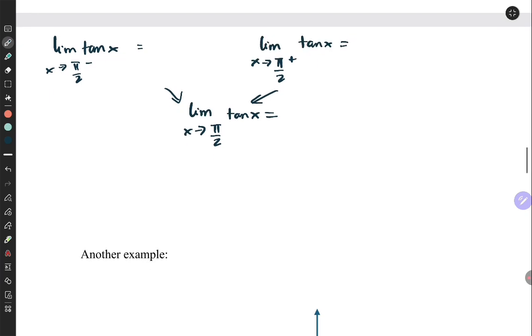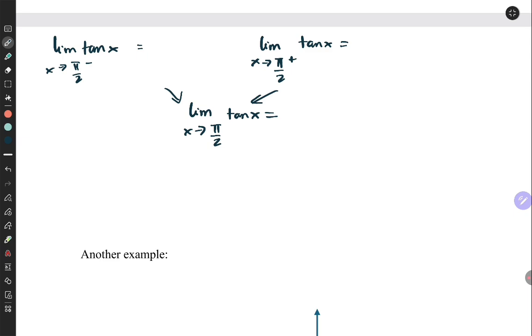When you have a limit whose answer is infinity, technically you don't say equal. When you have a certain number, limit equals 5, limit equals 6, limit equals 0, then yes, you can say it's equal. When your answer is infinity, you say the limit approaches infinity. Mathematically, you don't say the limit equals infinity.